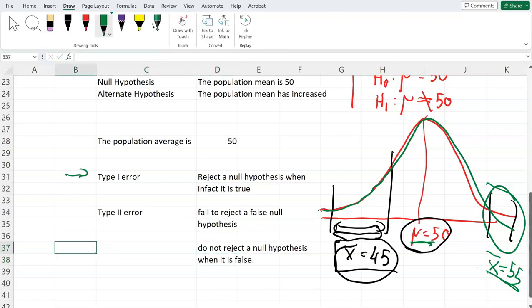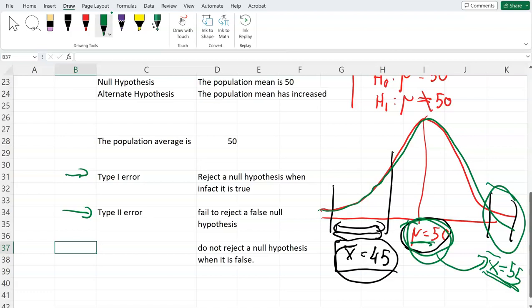So we're saying that the null hypothesis is wrong, basically. Let's say that actually the mean did change. It moved over to 55, but we ended up doing a test and it shows us that no, the true mean has remained at 50. And that's where we commit what we call a type 2 error.